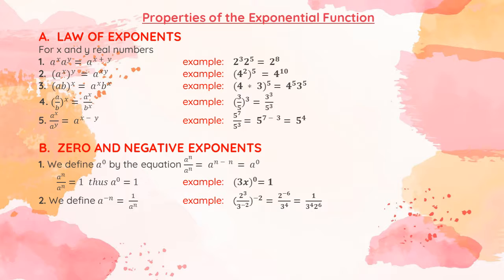So yung base po natin, copy lang po natin. Then yung exponent na positive 3, multiply lang po natin sa ating negative 2. Kaya po naging exponent natin ngayon ay negative 6 para sa numerator lang class. Then sa denominator naman po, copy lang natin yung base na 3. Then negative 2 times negative 2 magiging positive 4.